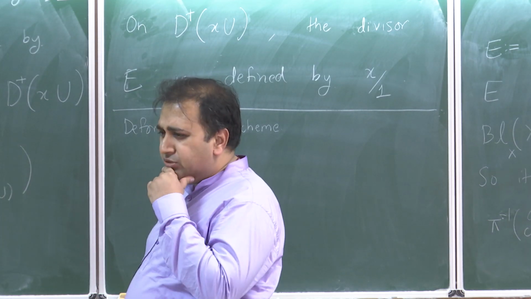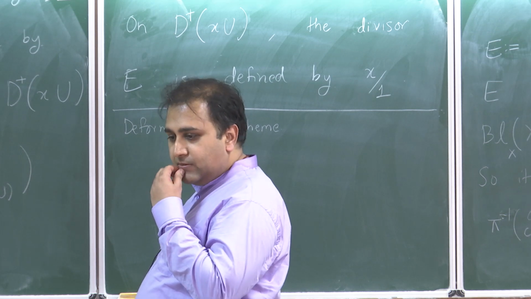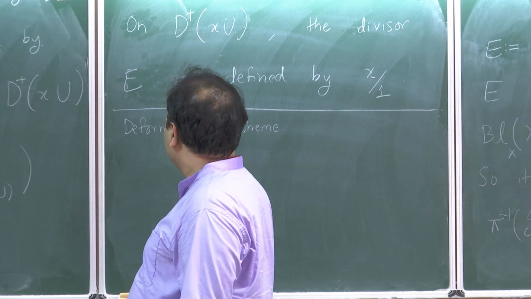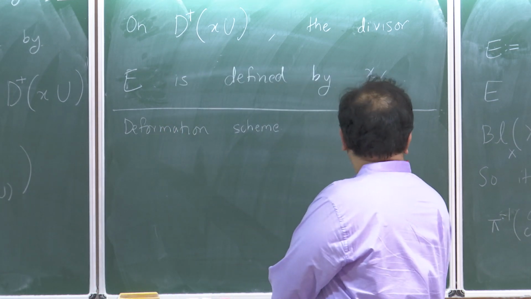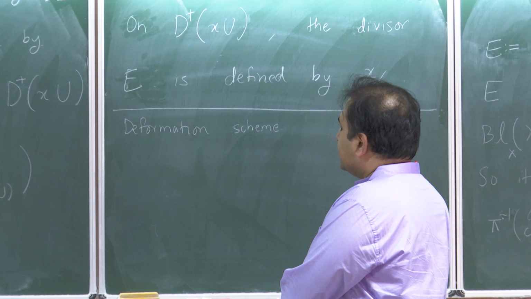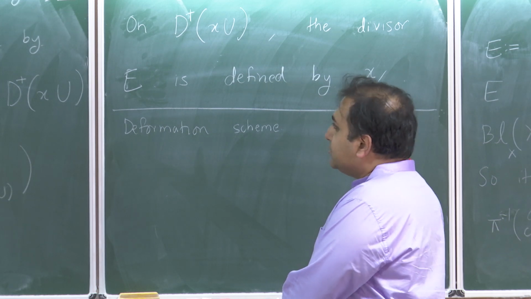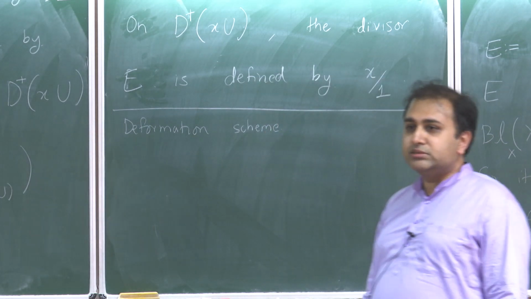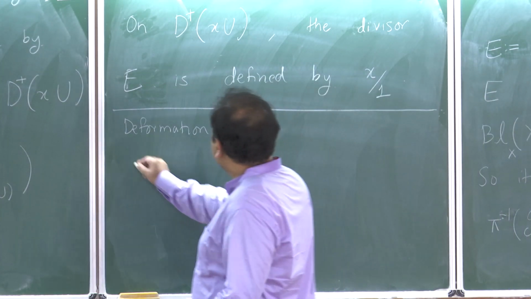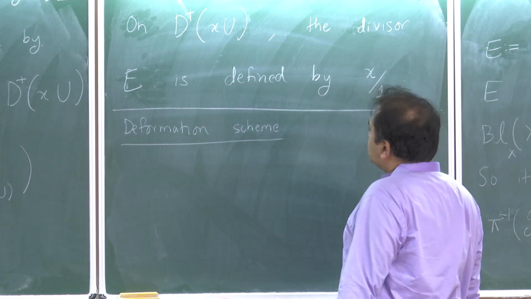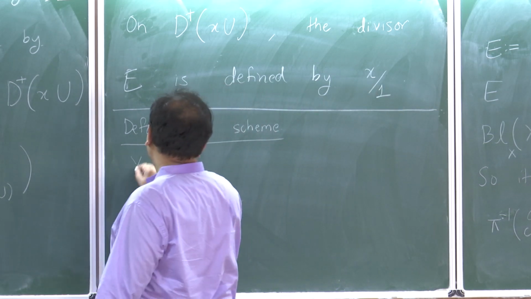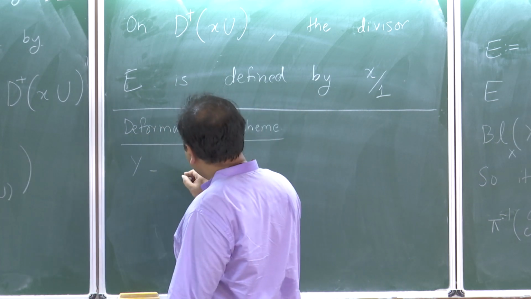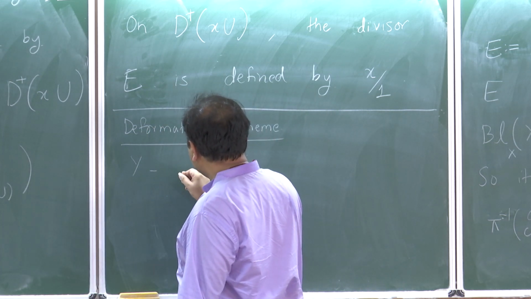I need x to be a non-zero divisor. Yeah, I'm just assuming it. Maybe I need that. So maybe I need irreducible or something like that, but I will check. Maybe we'll talk about it in the discussion.